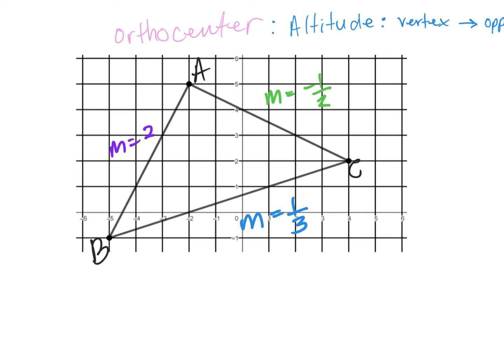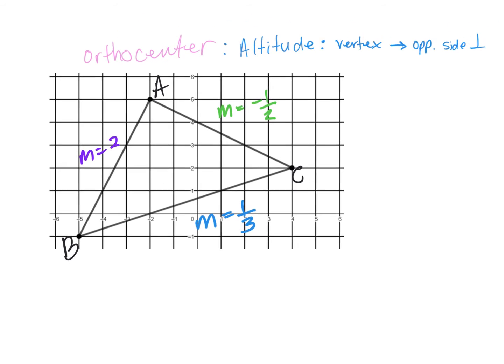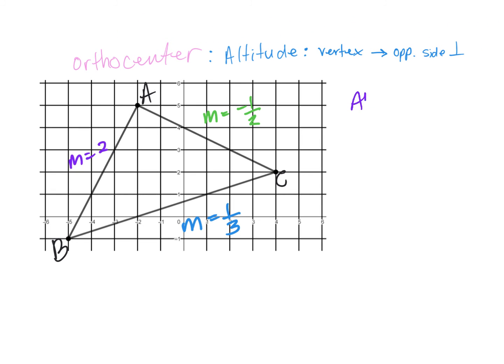So that means I have to construct perpendicular segments for BC, AC, and AB, and it has to go through each vertex. All right, so let's go ahead and find the negative reciprocals. Negative reciprocal of AB, the slope for AB is 2, so it is -1/2.